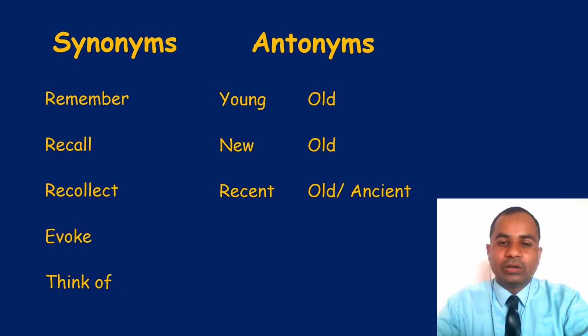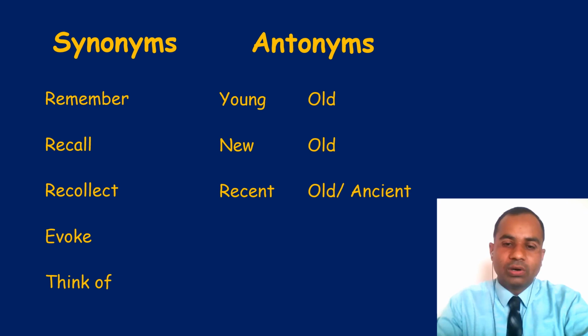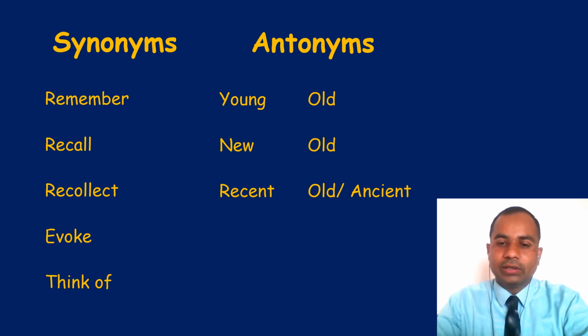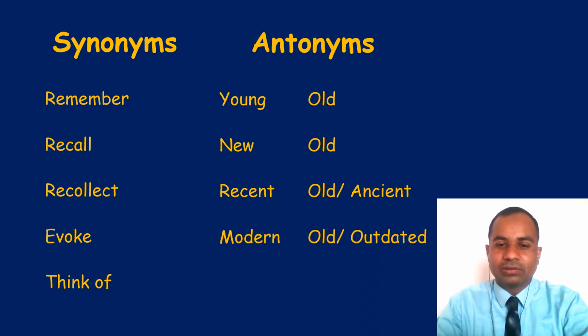Recently we are seeing, with the advent of technology, recent developments in human lives. So recent, and these are old or ancient kinds of things in history, or not in the recent past. Something is modern. So what is modern?